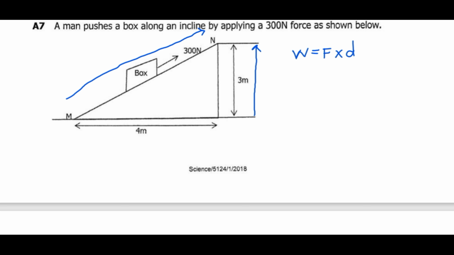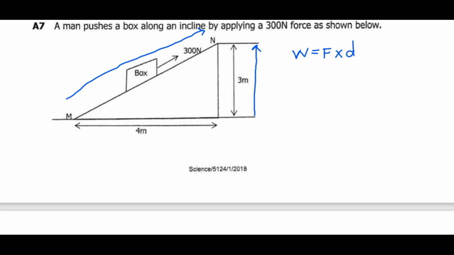Since they have not given us the weight, we need to find this distance, the one that is slanting, because that is the work that was done here.